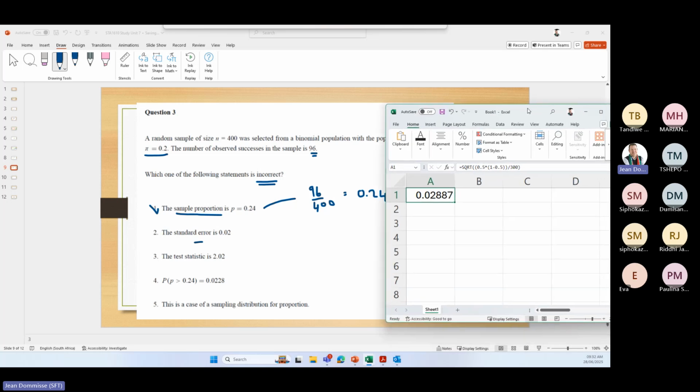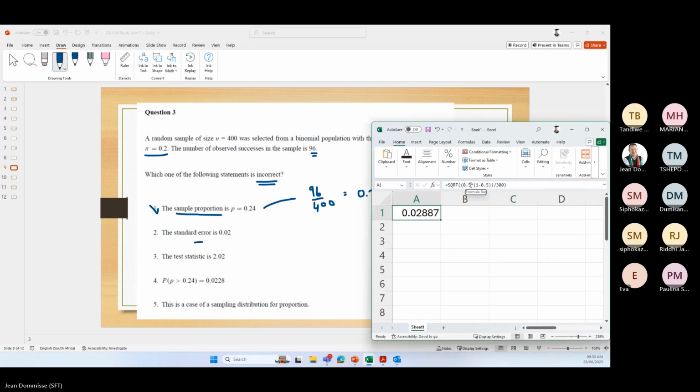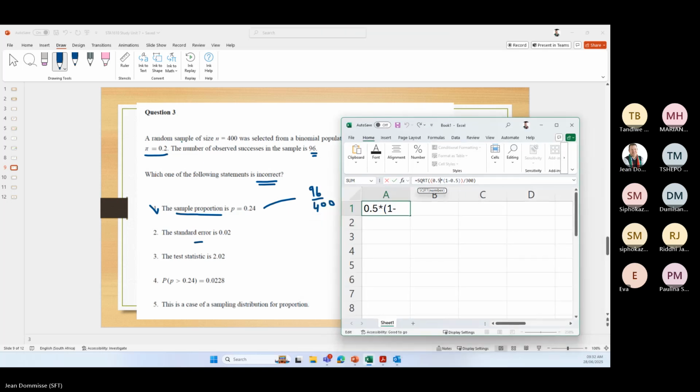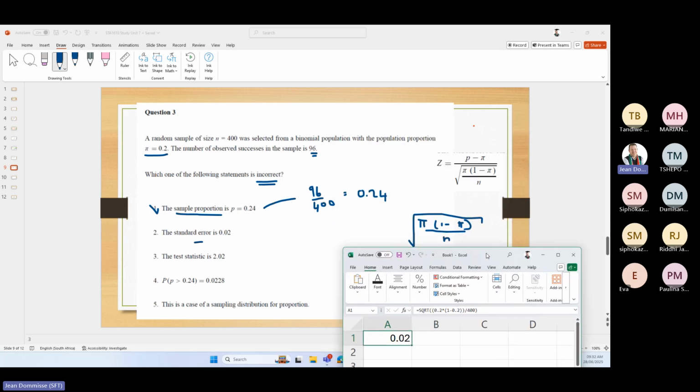So, check, that was 0.2, 1 minus 0.2, sample size 400. Okay, so if I work that out, and I'll share the Excel with you guys as well, then you have it on standby to work it out. So standard error is 0,02.